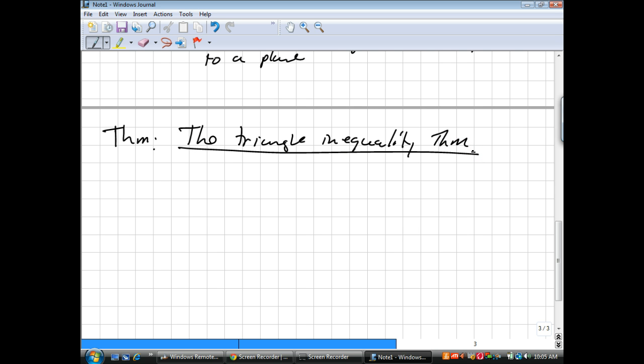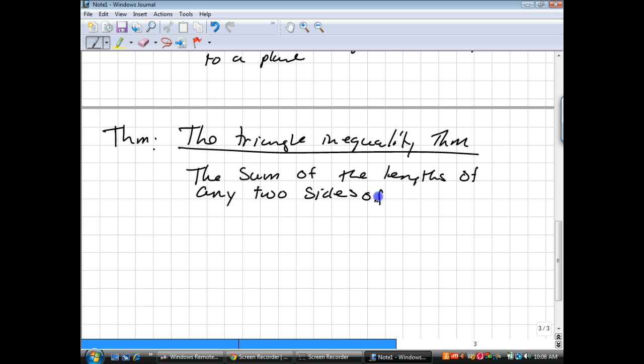And it says the sum of the lengths of any two sides of a triangle is greater than the length of the third side.